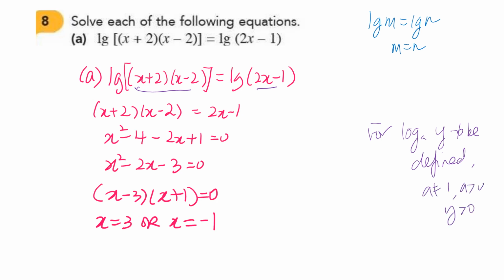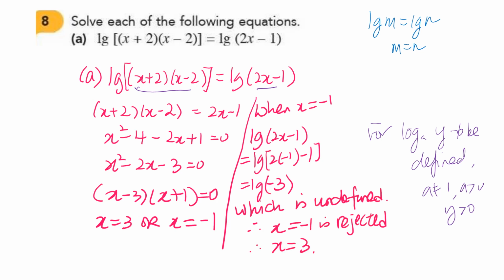So when you substitute x equals -1 back into the original equation, the right hand side, you will get log -3, which is not defined. So you need to reject x equals -1, and therefore x equals 3.